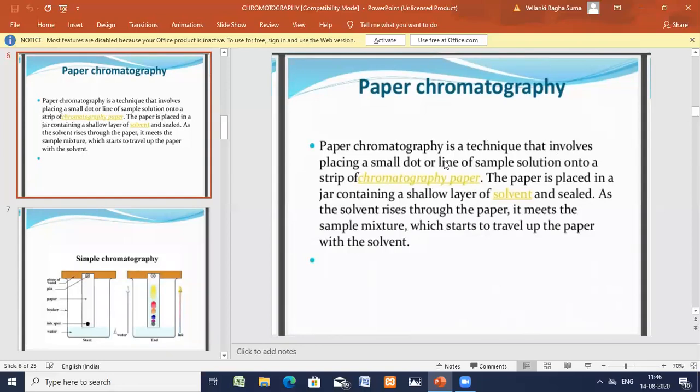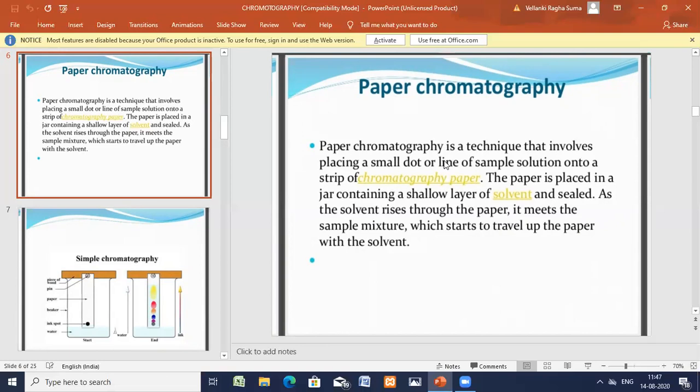The solid is the stationary phase in paper chromatography, and the liquid is the mobile phase. In this technique, a small dot or a line of sample solution is placed onto the chromatographic paper.